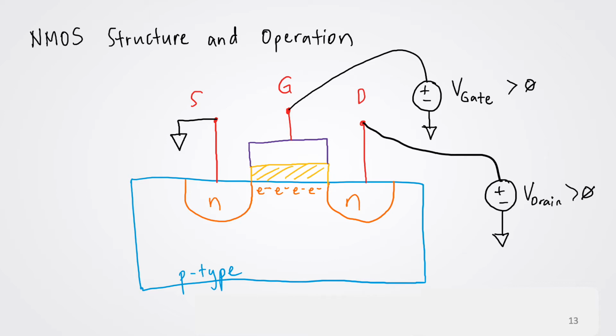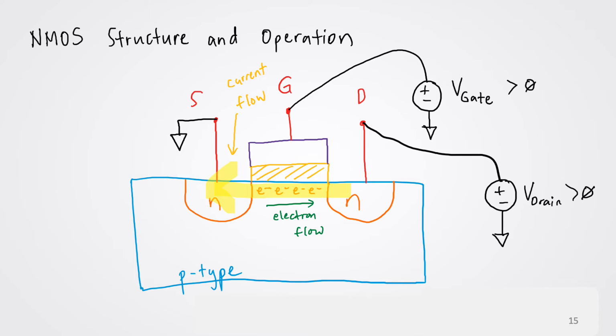Applying a positive voltage at the drain attracts the electrons, so electrons flow from the source to the drain. Because we define positive current as the flow of positive charges, current flows from drain to source, as indicated here.